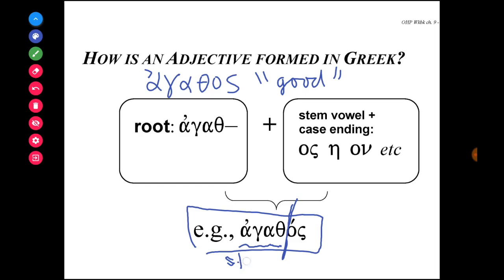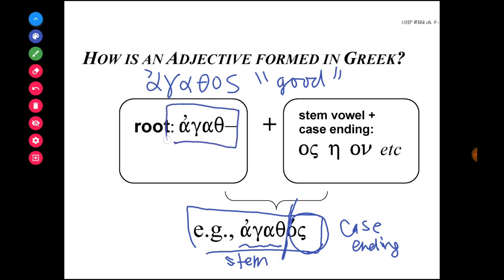So here's the stem of the adjective, and then this is what we call the case ending. And it has the exact same case endings as the noun, second declension, first declension nouns that we've seen. So if we divide it up, here is the stem or the root, and here are the case endings, os, a, on. Then you might notice that it actually has a masculine form, a feminine form, and a neuter form.